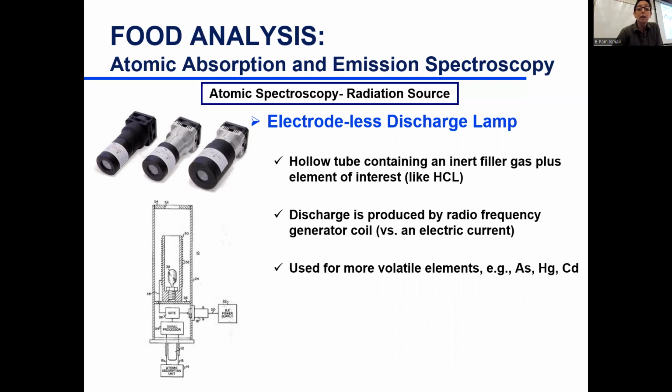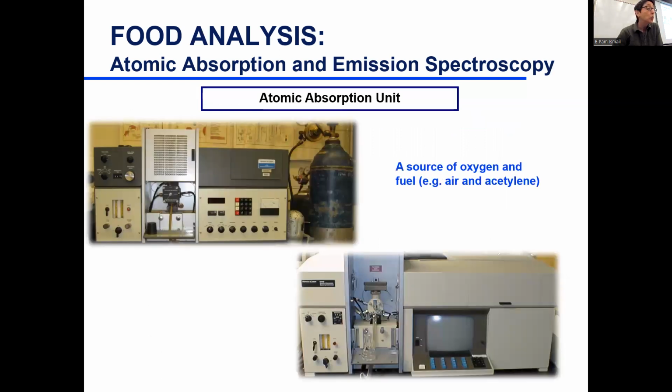In AA that you had in the lab, we had several generations of AA in the lab. Now we have a newer one. I don't have a picture of our newer one, but basically, you have a compartment where the flame is generated. You have the aspirating unit with the capillary tube that goes into your sample.